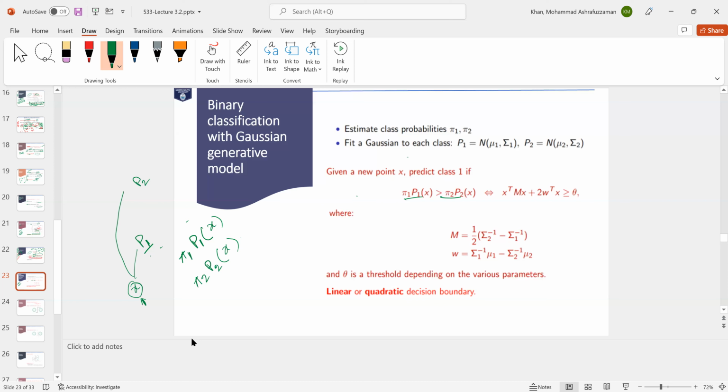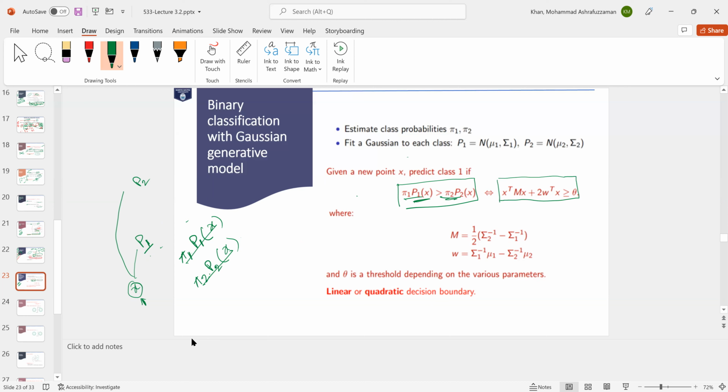Now we'll get the values, and whatever value is larger, we'll assign that class to the new data point. And that's what we are doing here. Now, if we minimize this, we find a condition like this.